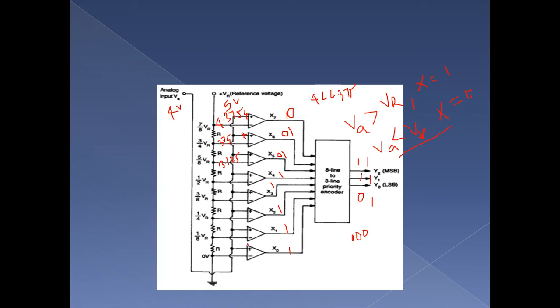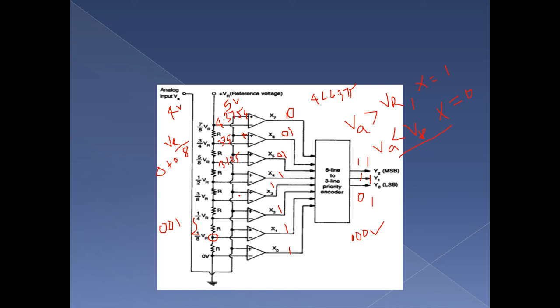So this we have calculated. If the input voltage is 0 to VR by 8, then it produces 0 0 0. If the input is VR by 8 to VR by 4, the output will be 0 0 1.